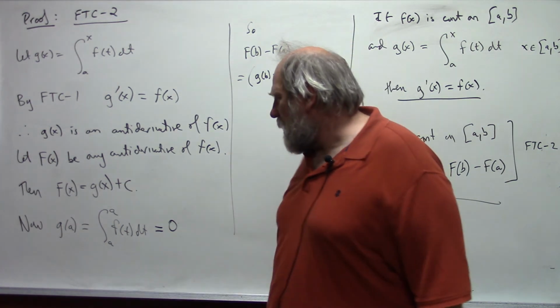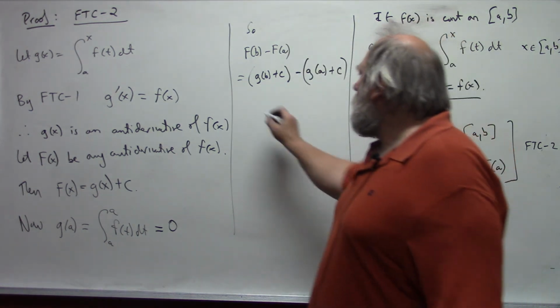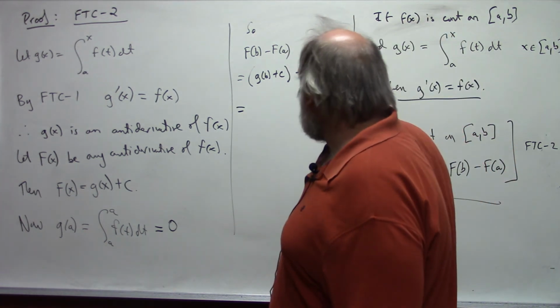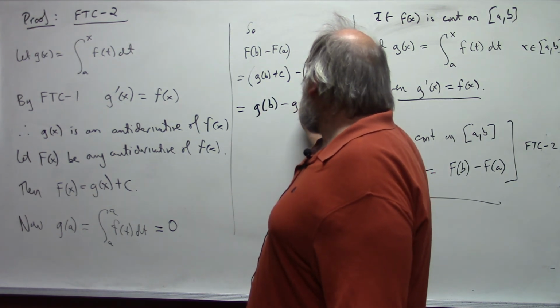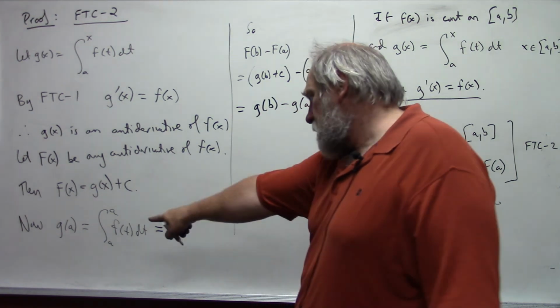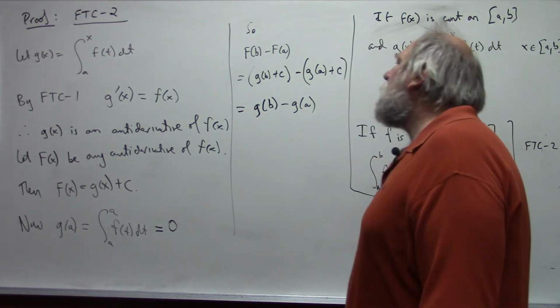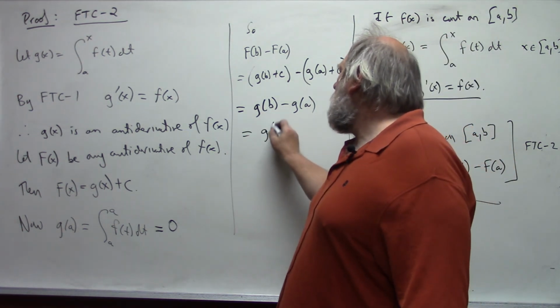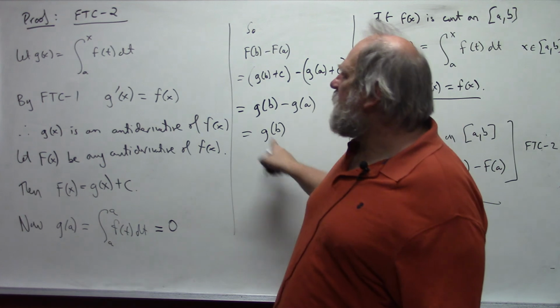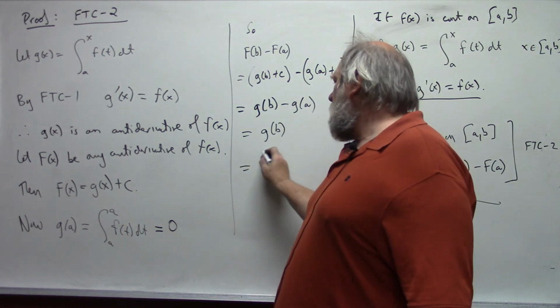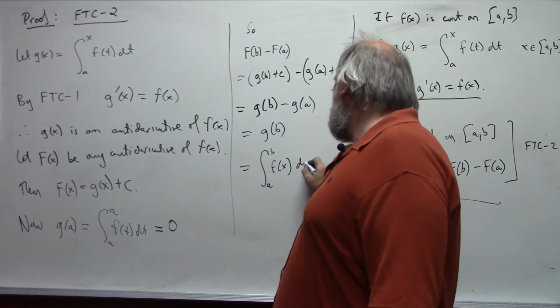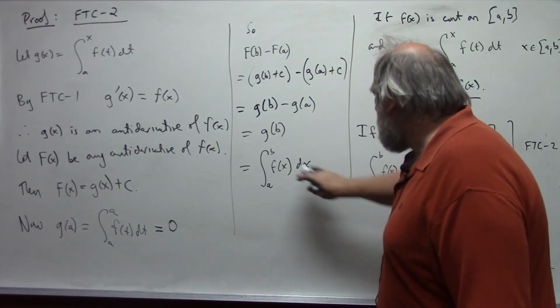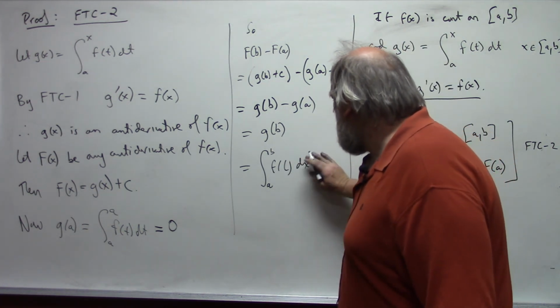That's what capital F is, which, looking at the algebra, the c's are going to go away. This is g of b minus g of a. I just said g of a is 0, so this is equal to little g of b, but substituting in, this becomes the integral from a to b of f of t dt.